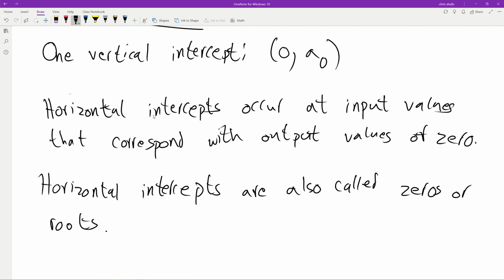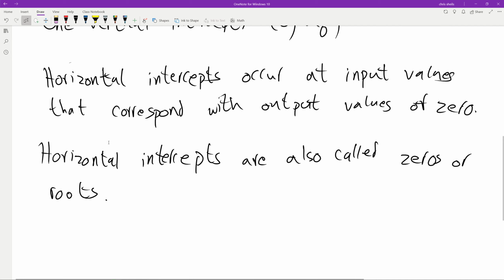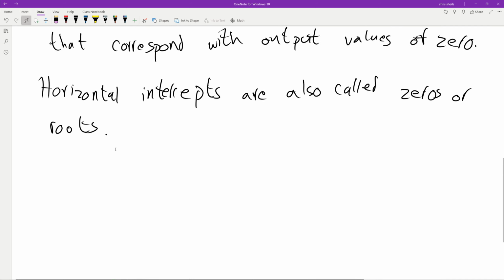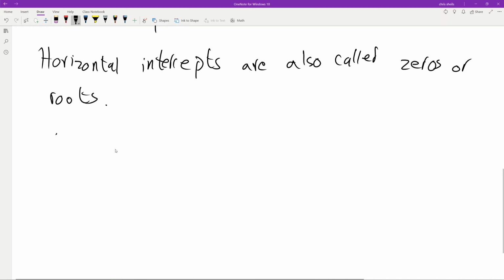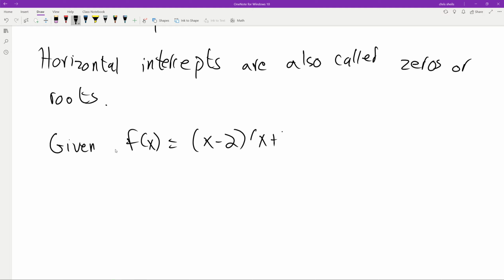So there can be multiple horizontal intercepts. Let's say, given the polynomial f of x equals x minus 2 times x plus 1 times x minus 4, let's find the vertical and horizontal intercepts.